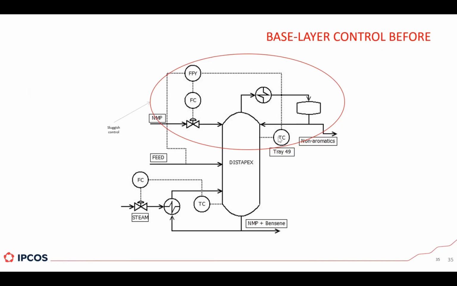But remember, this is not a reflux. This is an extractive distillation. The whole function of the solvent is not only, yes, of course, to cool down a bit and condense, but more to do the extraction from the other liquid phase.